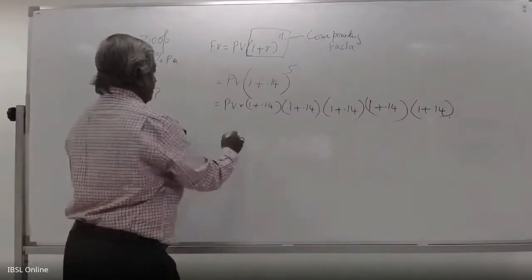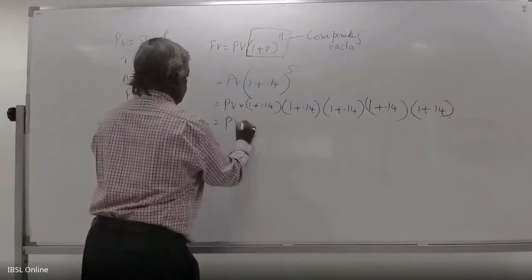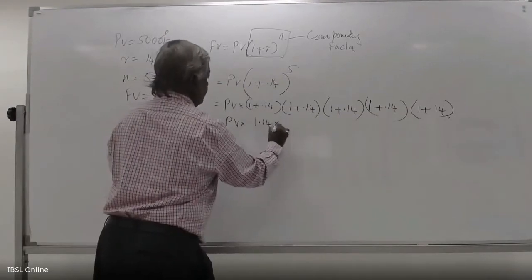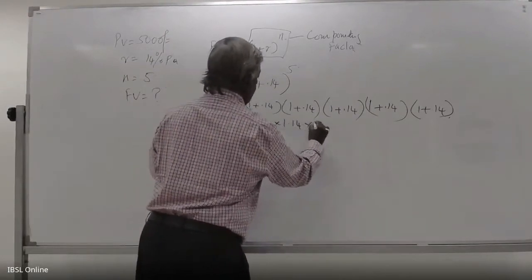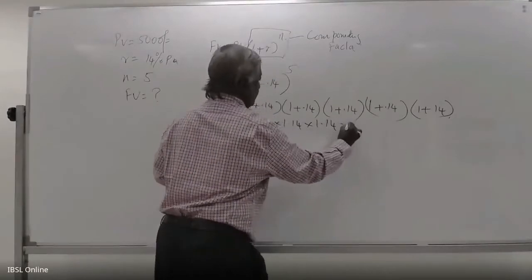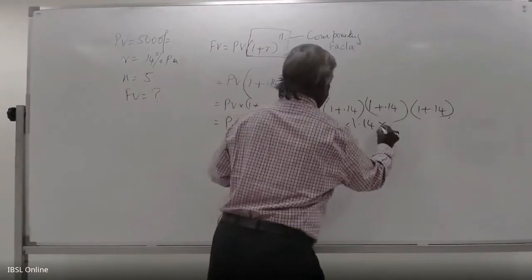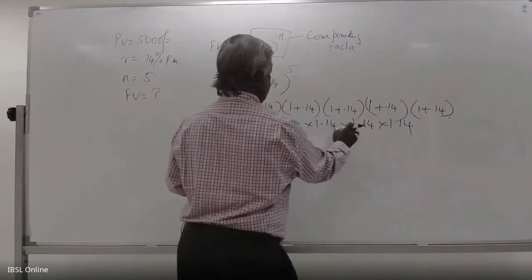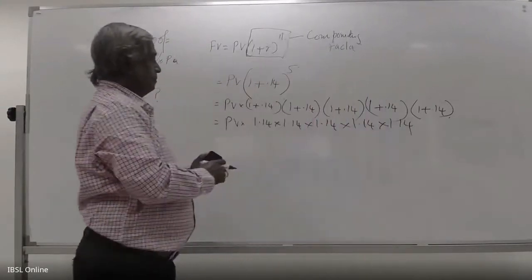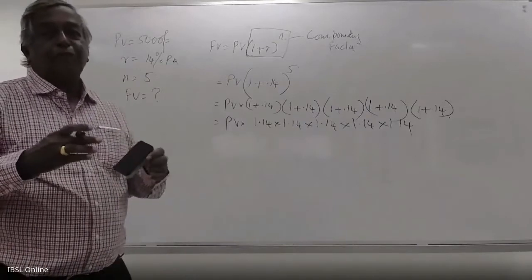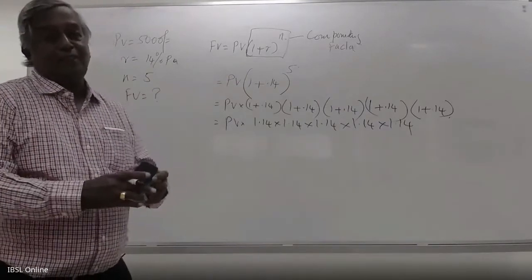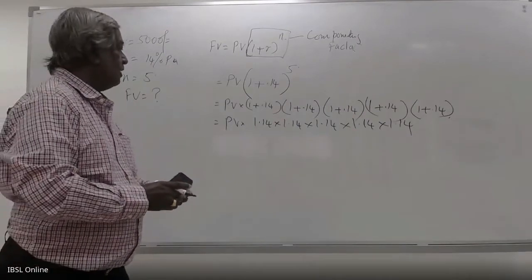This again is PV into 1.14 into 1.14 into 1.14 into 1.14 into 1.14. So 1.14 you are multiplying 5 times.